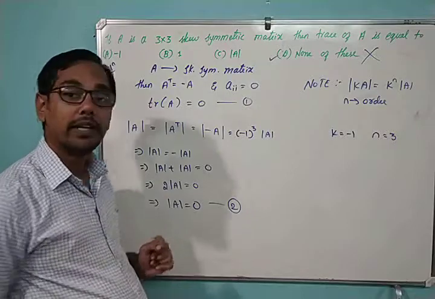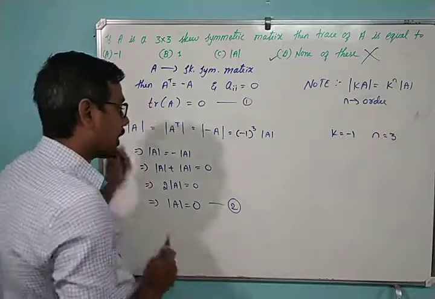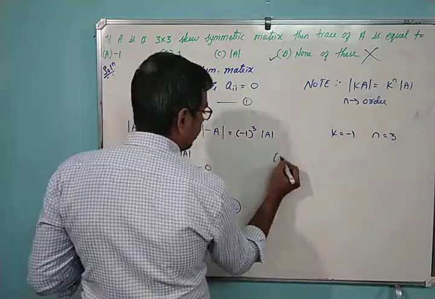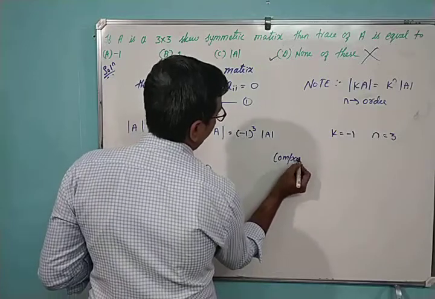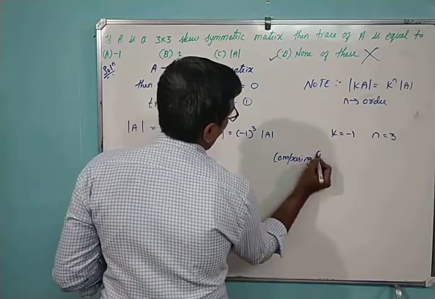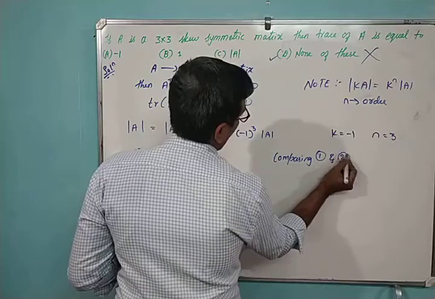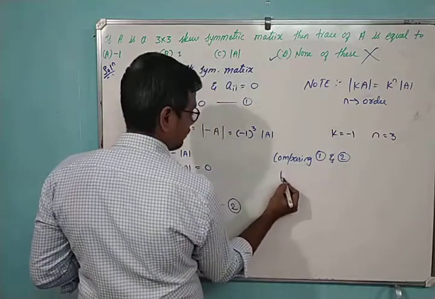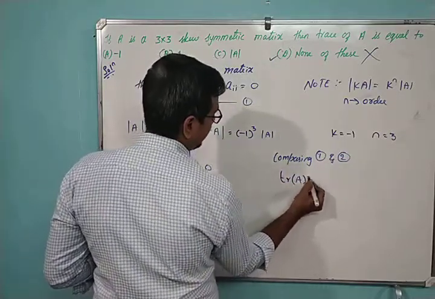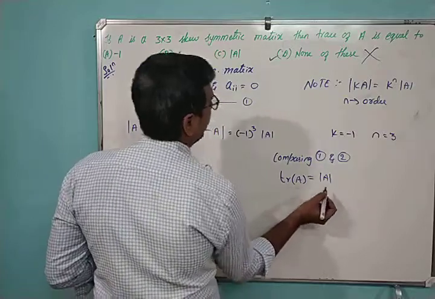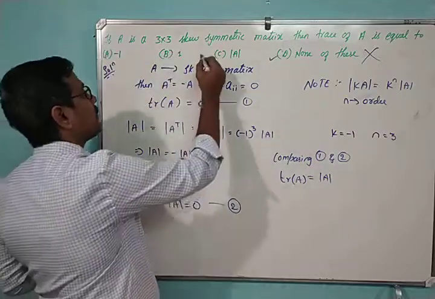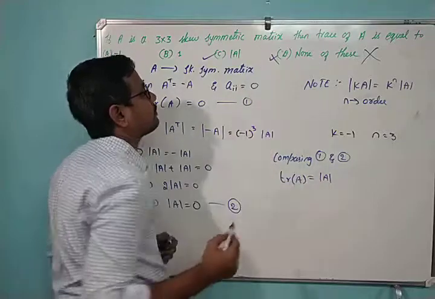What is equation 2? Determinant A is equal to 0. So comparing 1 and 2, I will write trace of A is equal to determinant A. So this is our right answer, not the other one.